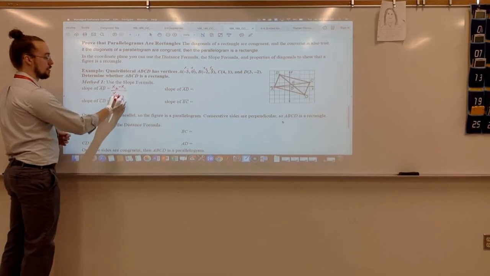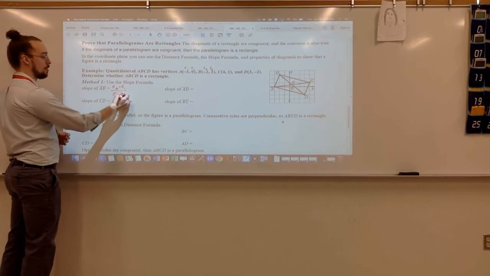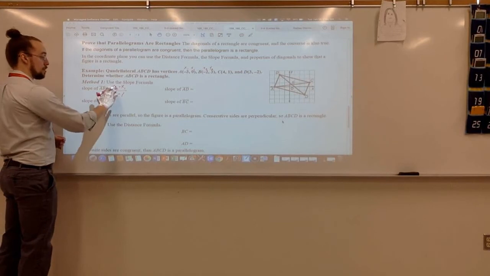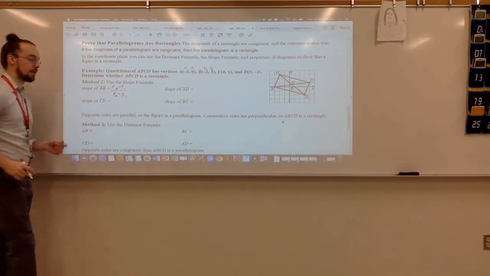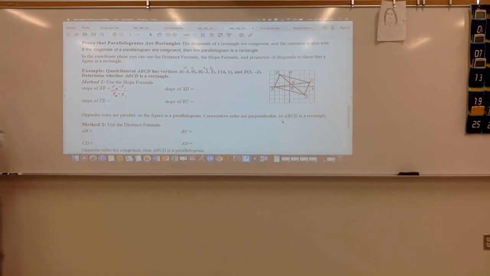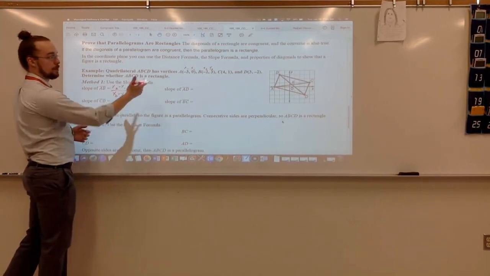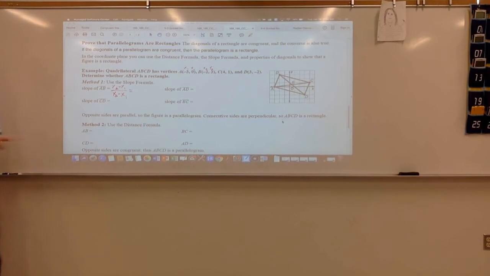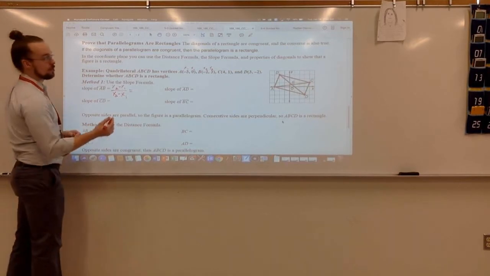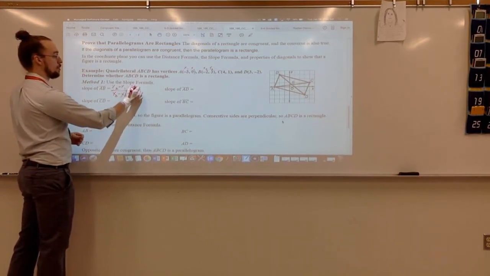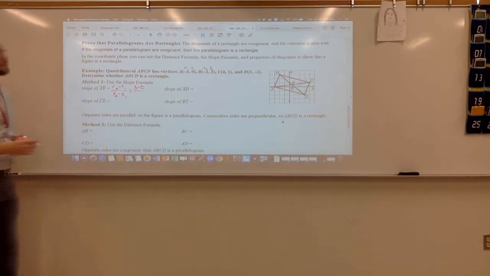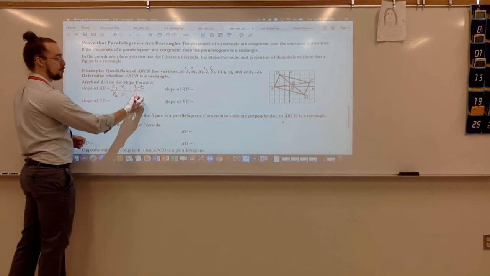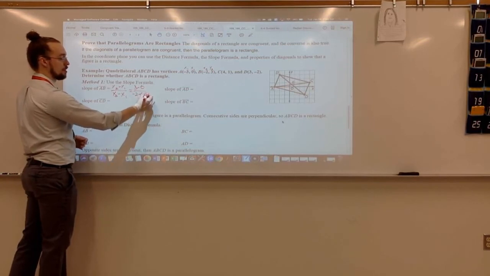Our slope formula is y2 minus y1 over x2 minus x1. We plug in our values for A and B. y2 minus y1 will be 3 minus 0, over x2 minus x1, negative 2 minus negative 3.